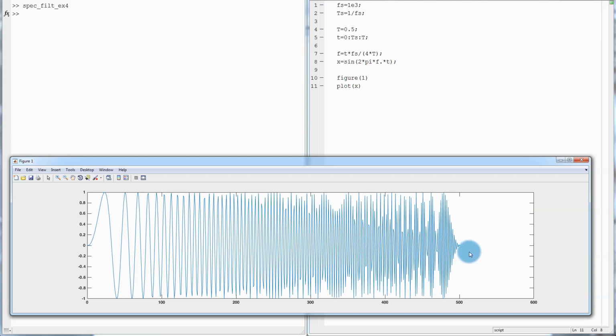So now I will try to implement filtering in the spectral domain. Specifically, I will try to implement a low-pass filter that will keep frequencies from 0 to 200 Hz, and then it will suppress frequencies which are above 200 Hz.